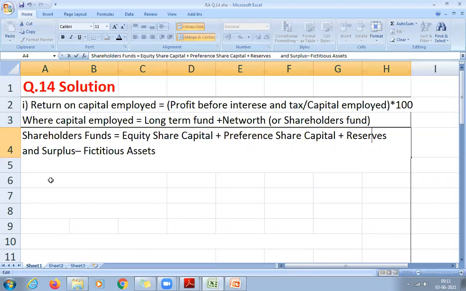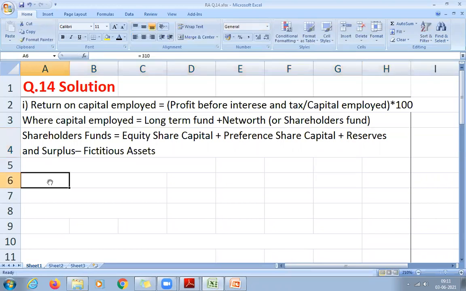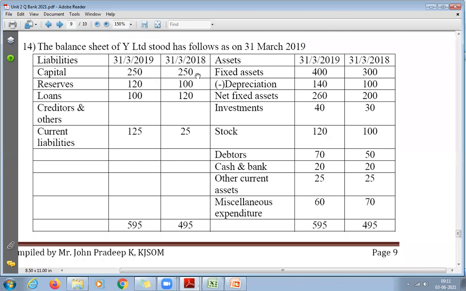Here please take only 2019 data, don't take 2018 data, since we are calculating ratios for 2019. Capital is 250, reserves 120.